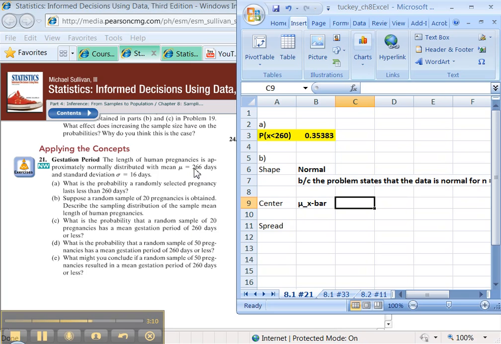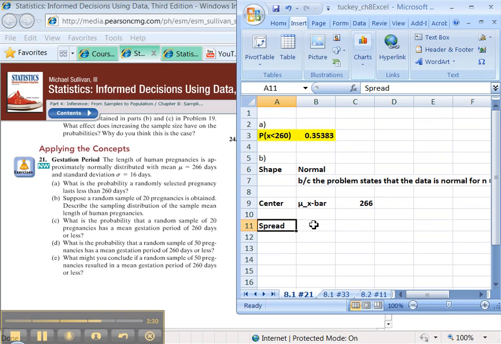But if 266 was the mean for the population, shouldn't every one of those samples be kind of around 266? Yes, they should. So the mean of X bars is actually the same as it was in the first place, right? That's your center. The center is 266 still, no change.